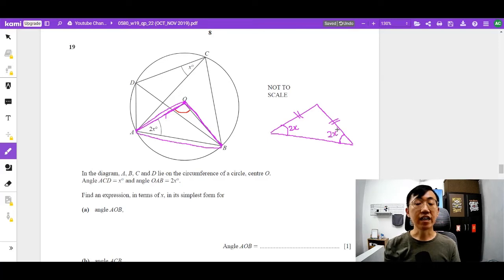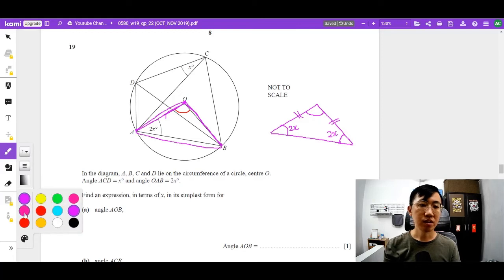Another rule that you must remember for a triangle, the total degree must be 180. So in order to find this angle right here, you have to take 180 minus 2x minus 2x. Understand already?